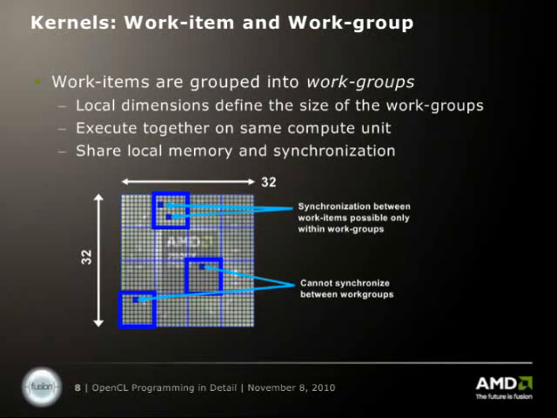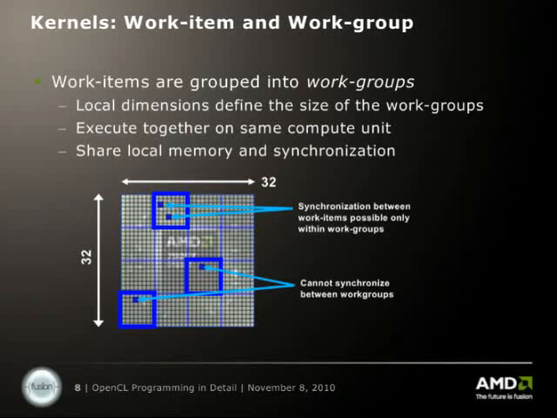The work items are grouped into what are referred to as work groups, which have special properties in terms of synchronization and access to shared memory. There's a local dimension that will define the size of this work group, and typically this is chosen to align well with the architecture that you're using. In other words, it'll map to the hardware.